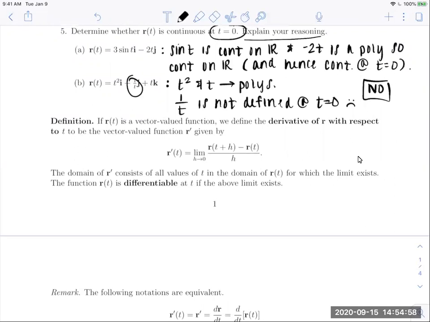And we say that the function is differentiable at t if the limit exists. Now, this is the formal definition. You might recognize this from Calc 1 when we first defined the derivative. That being said, again, I am assuming that everybody has a strong background in differentiation, and we will never use this formal definition.